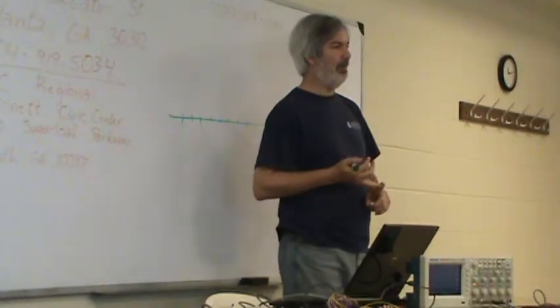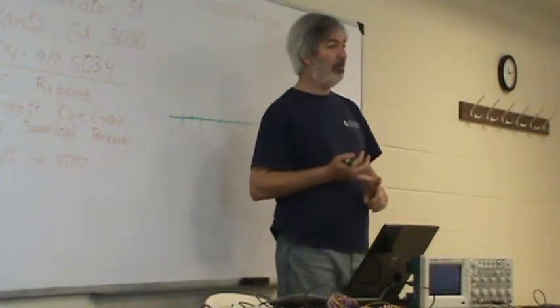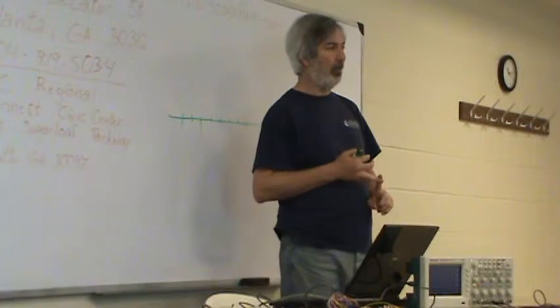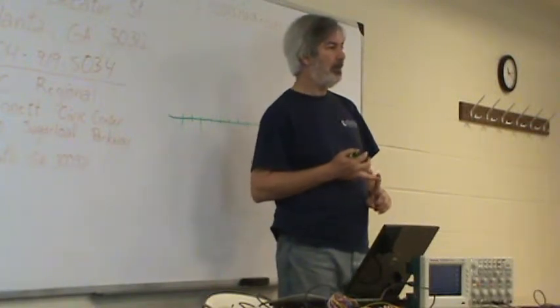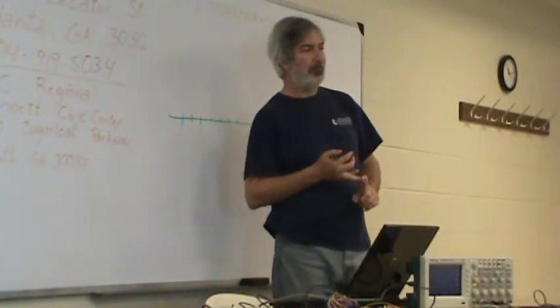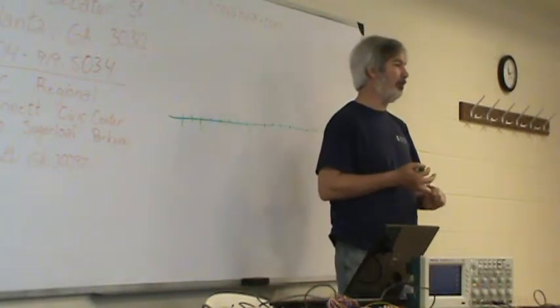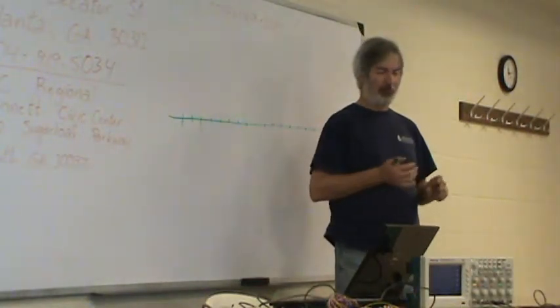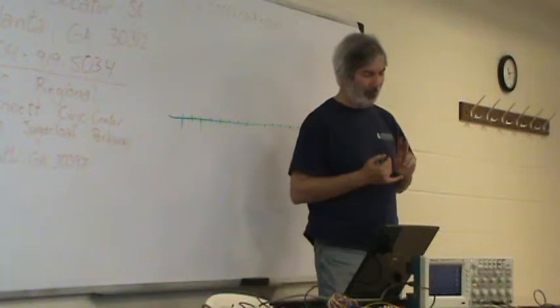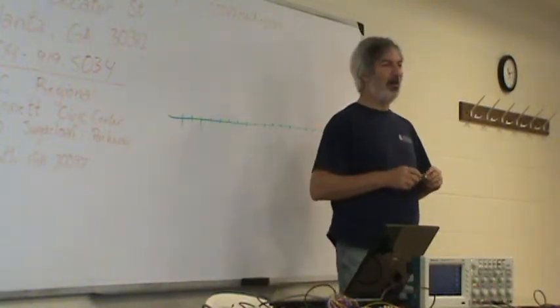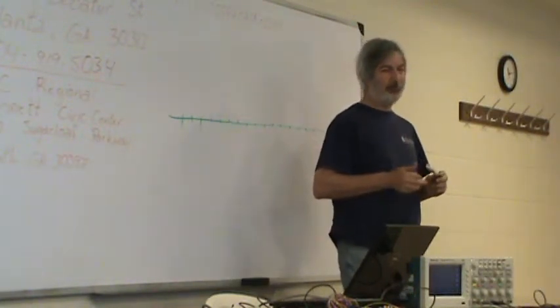Well, how do you determine that? Putting a regular voltmeter on it is not going to do you any good, because if it's working, the signals are going to be too fast for a meter to show anything. And that's where you use a scope.